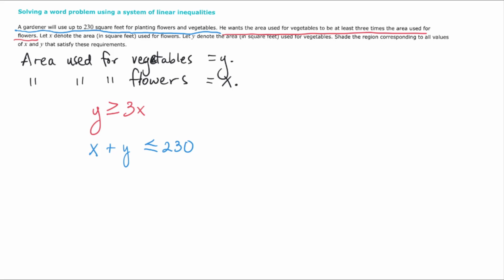The other thing you got to realize is a couple other things. x is greater than 0. And y is greater than 0. Let's go ahead and shade the corresponding regions.